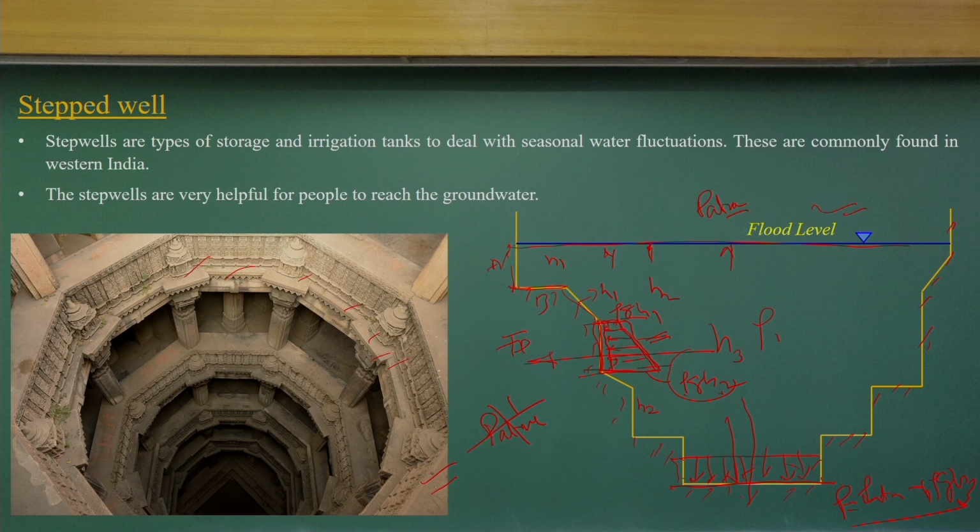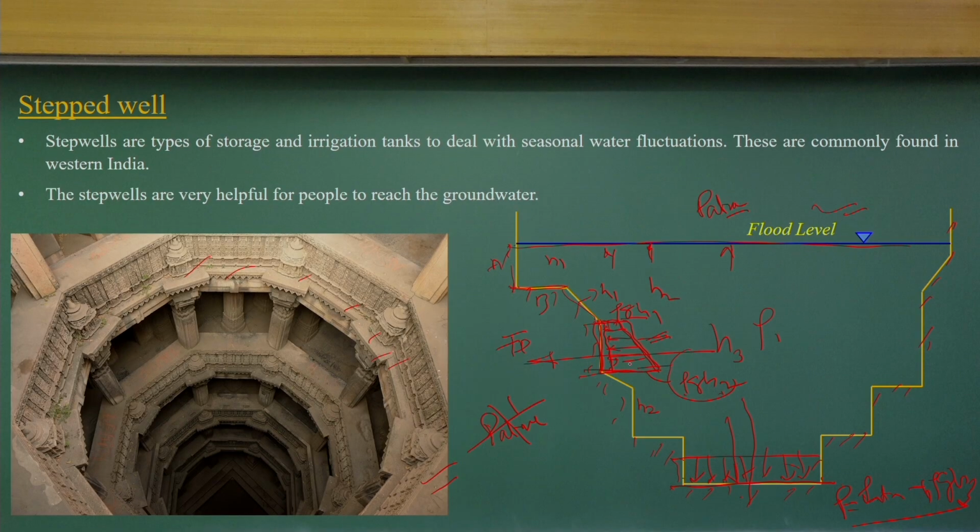Now, another point comes up: where does this force act? The location of this force is the center of pressure. The center of pressure we can compute very easily, and I will demonstrate it to you. But when you have an inclined surface, we can also determine the pressure diagram.